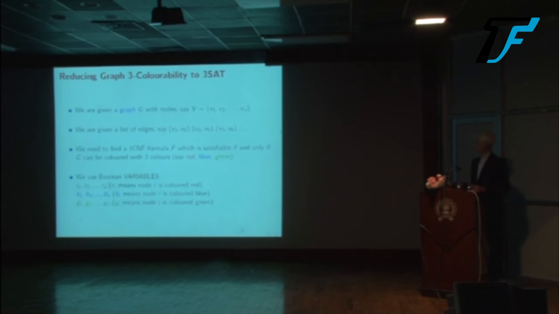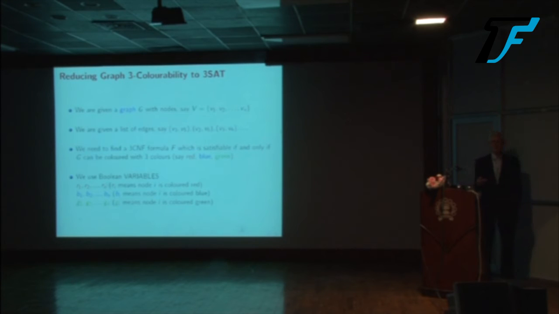And so how do we do that? What's the formula going to look like? Well, it's going to have Boolean variables like this: R1 to Rn are Boolean variables. Intuitively, a truth assignment to these variables is going to describe a three-coloring of the graph.